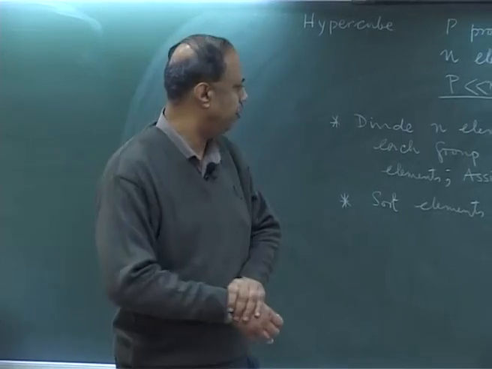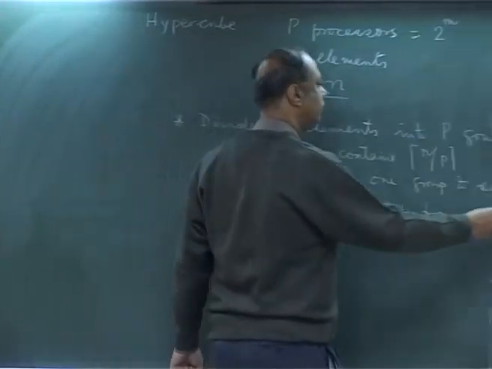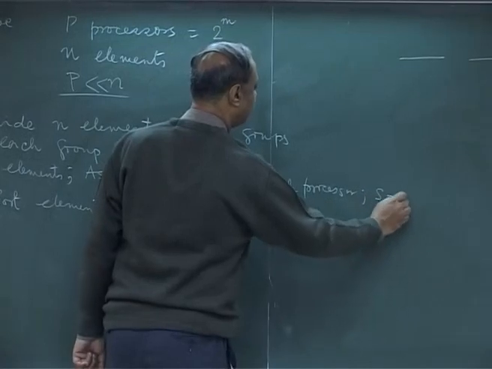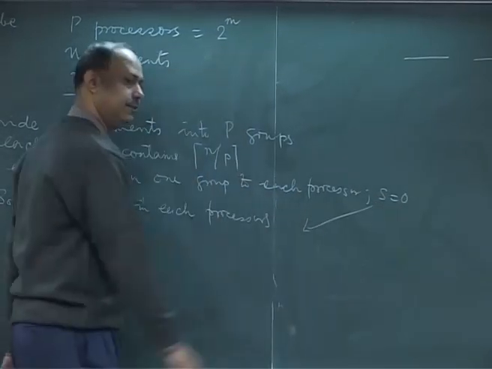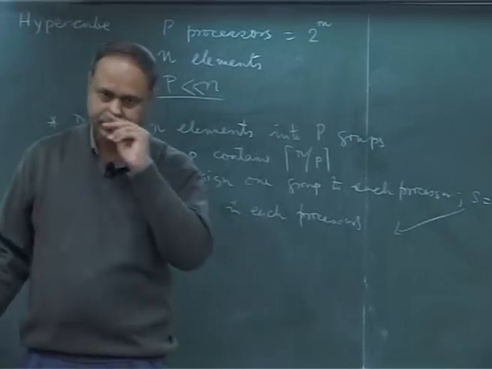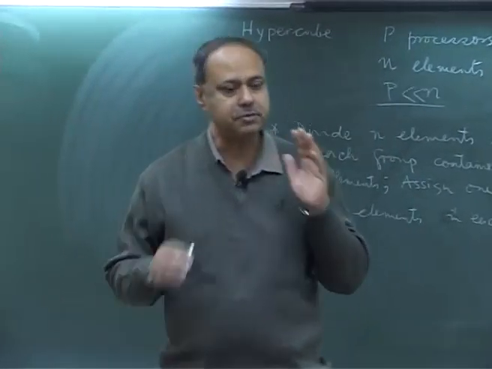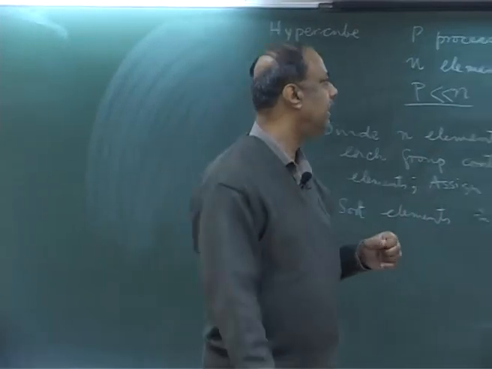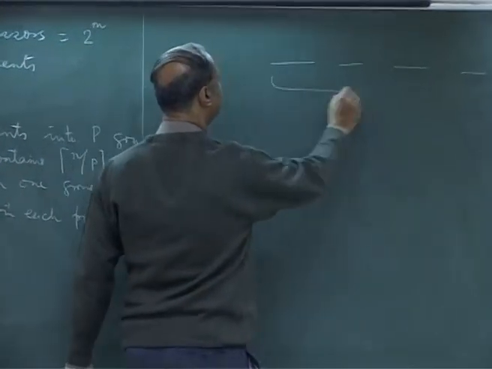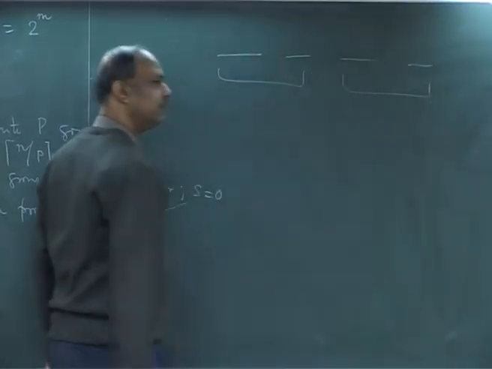Agreed? So, here you have to put s equals 0. So you get two subsequences in such a way that this is a bitonic sequence, this is another bitonic sequence, and so on.